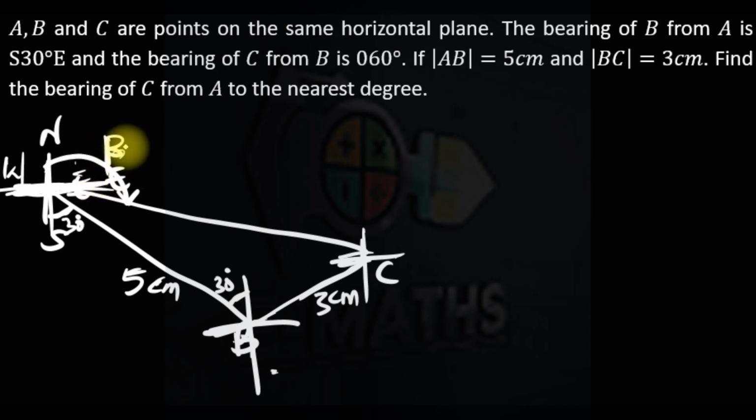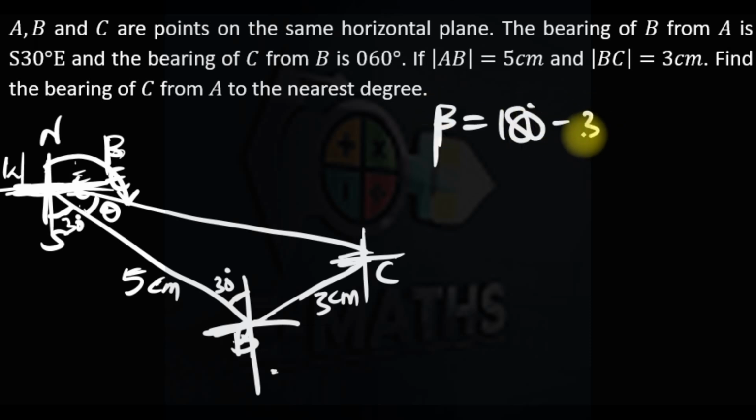So for us to get beta, this is 30. So once we know this, we subtract the sum of these 30 and theta from 180, because the total angle here is 180. That's how we get beta. So I'm saying that from here you see that beta is 180 minus 30 plus theta.